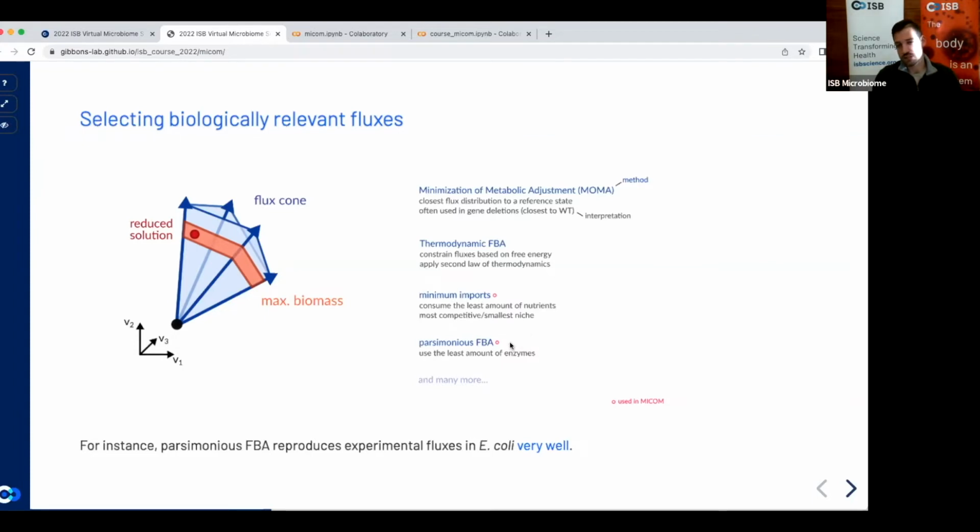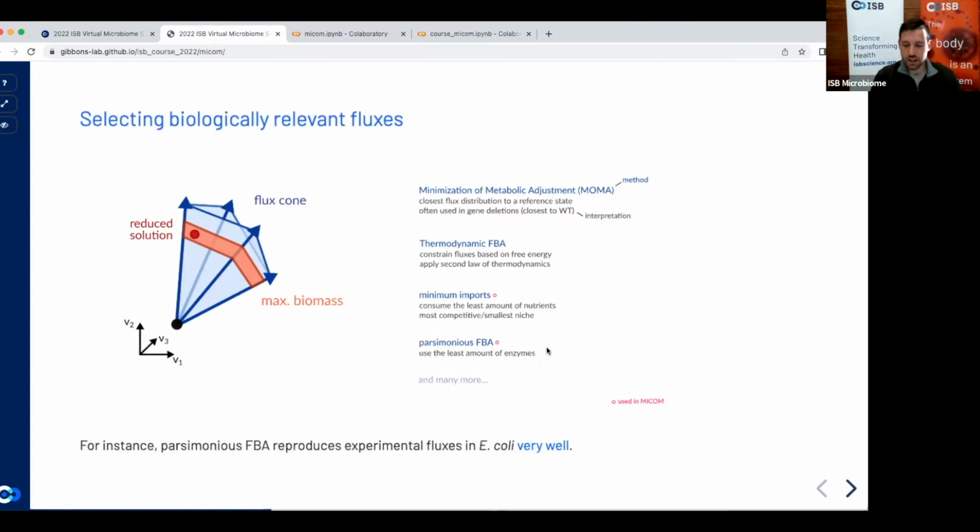Another common approach is parsimonious flux balance analysis, sometimes called PFBA, which basically minimizes the number of enzymes required to satisfy the constraints of our flux balance analysis. PFBA has actually been found to reproduce experimental fluxes in E. coli very well. And intuitively, this makes a lot of sense, since bacteria are very efficient beings that don't like to produce more enzyme than they need to in order to grow.